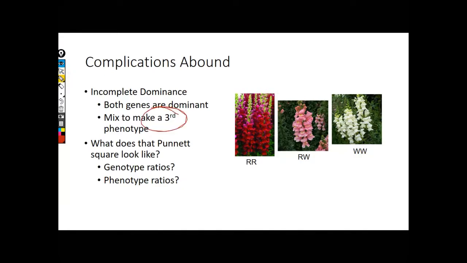We get 3 phenotypes, and this third phenotype is blended or mixed. And we still only have the 2 alleles, just like we did in simple dominance. But in this case, they're both dominant, right? So instead of having a dominant and recessive, here we had dominant and dominant.